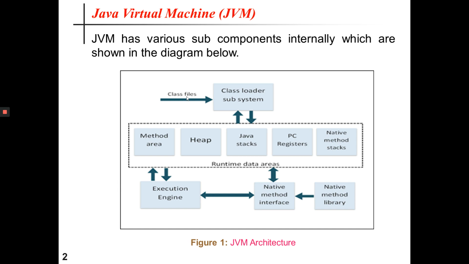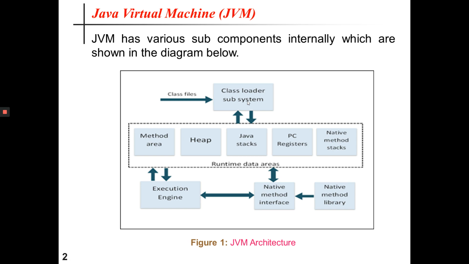So I will be starting with the components at the top of the figure. So that is component number 1, which is basically the class loader subsystem. As I have told, there are many subcomponents in the JVM architecture. This class loader subsystem of JVM performs basically 3 tasks.